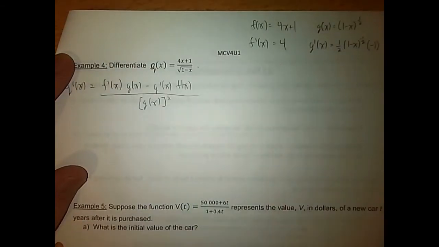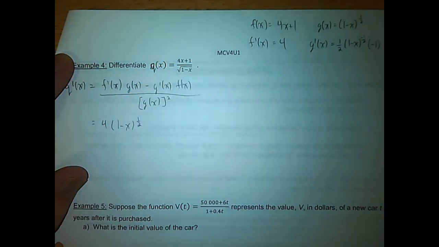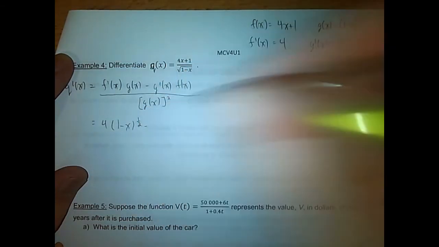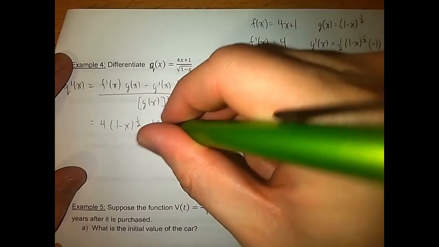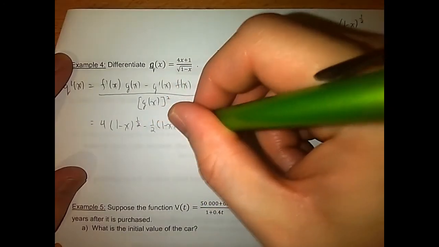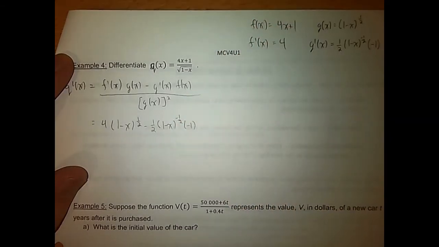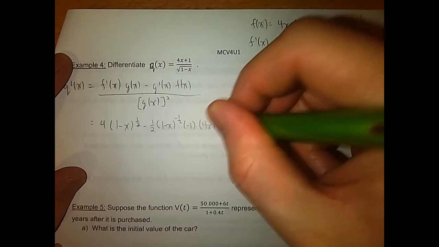F prime at x is equal to 4. G at x we said is (1 minus x) to the power of half, minus g prime at x, which is half (1 minus x) to the power of negative 1 over 2 times negative 1, and then times f at x, which is 4x plus 1.